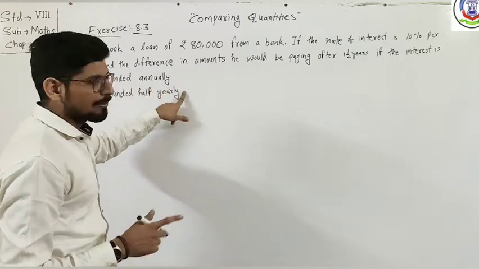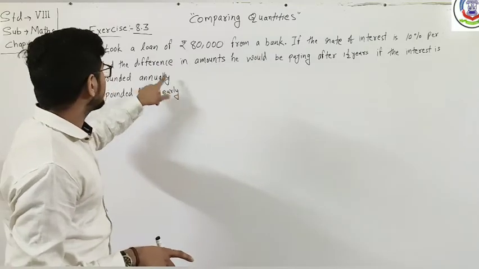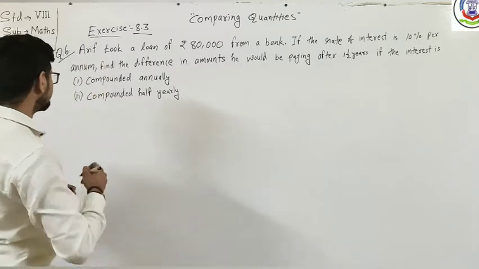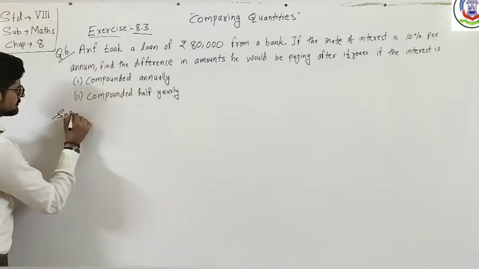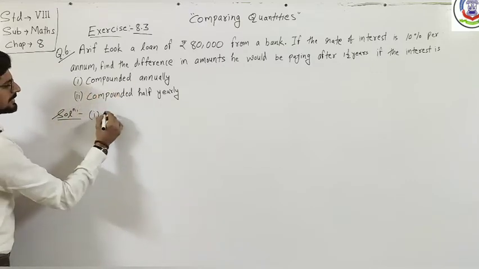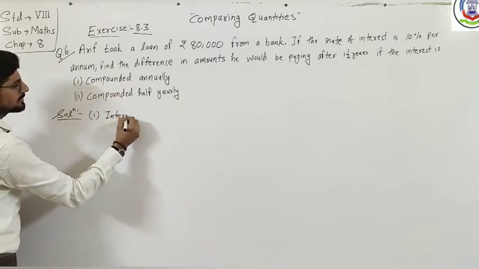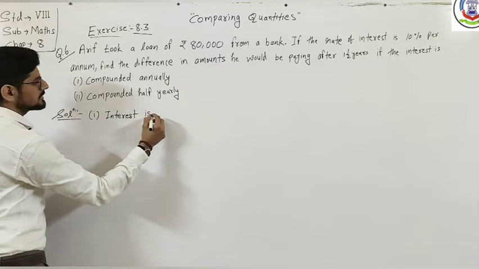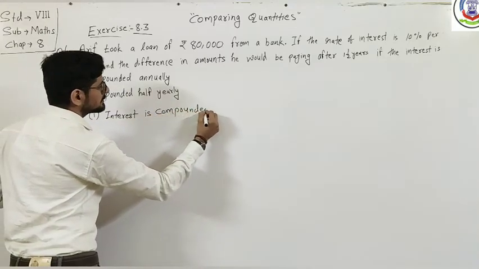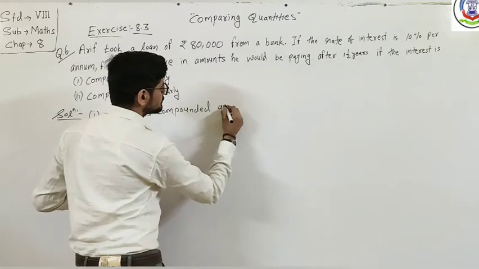हमें दोनों के लिए अमाउंट निकालना है, फिर उन अमाउंट के बीच का डिफरेंस निकालना है. Is it clear? So first part हम कौन सा लेते हैं, which is when interest is compounded annually.